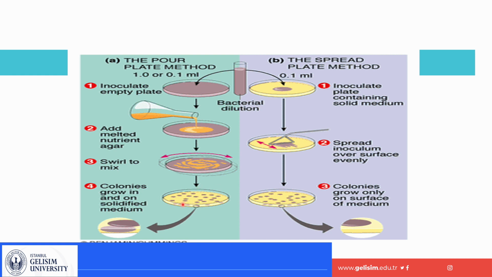Okay, the colonies grow, and then it gets solidified into the medium. Right? For the spread plate method, again, you take the bacterial dilution and inoculate the plate onto the solid medium. Okay, so now the medium is already here. Next, you take the sterile glass rod and then you spread it. Then you wait for the colonies to grow.